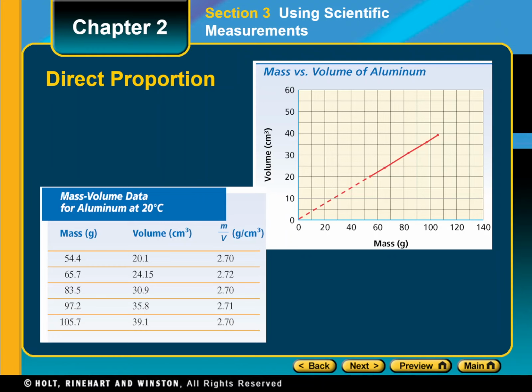The graph on your screen here, like that of every directly proportional relationship, will also pass through the origin, or the data point 0, 0. Both the values in the third column of the table and the graph demonstrate that the data in the table are directly proportional.